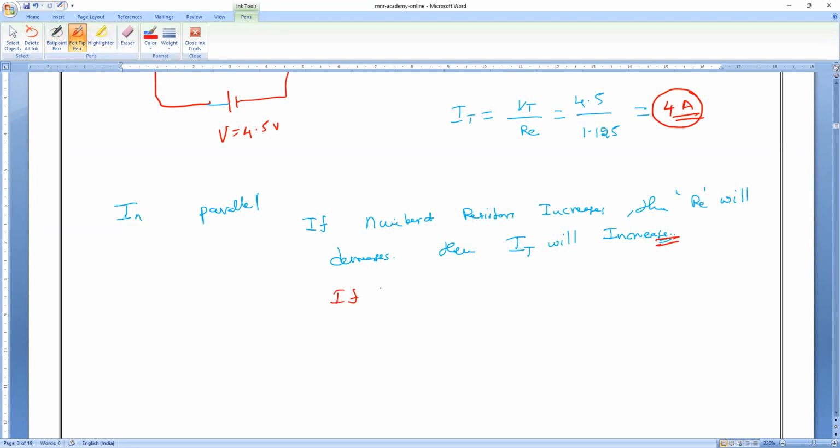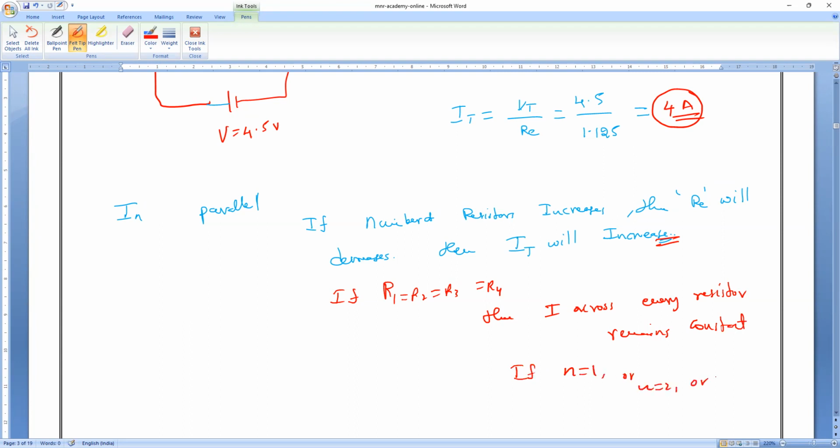So if the resistors are identical, if R1 is equal to R2 is equal to R3 is equal to R4, then the current I across every resistor remains the same, remains constant, if n is 1 or 2 or 3 or 4, it doesn't matter.